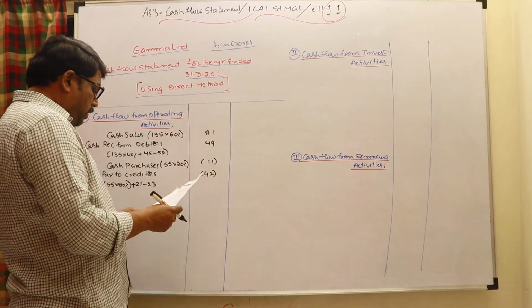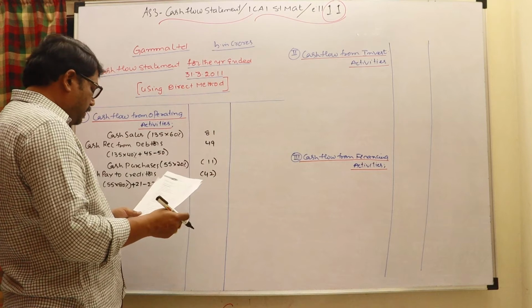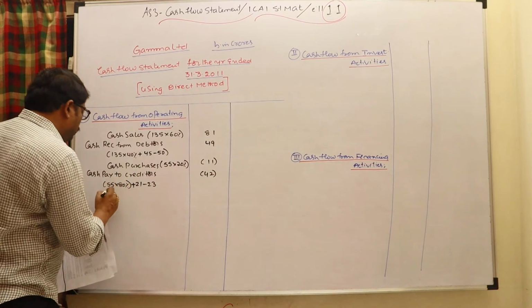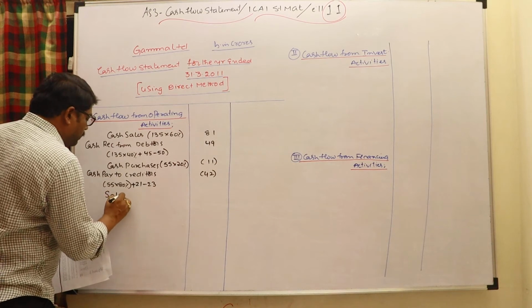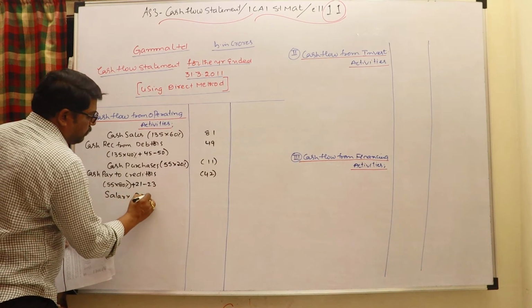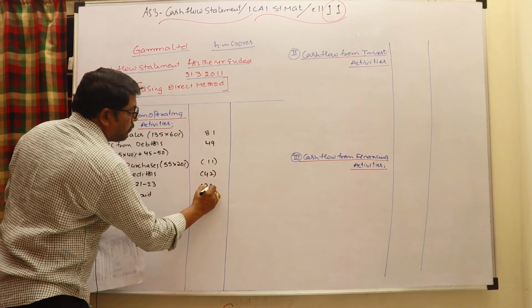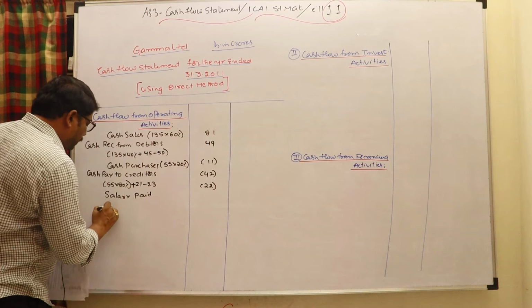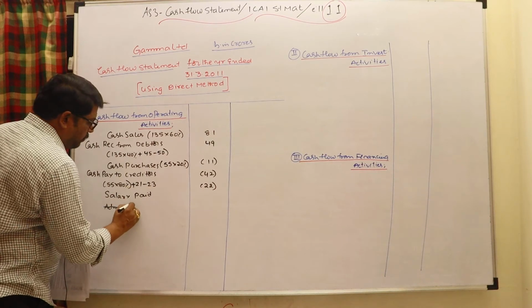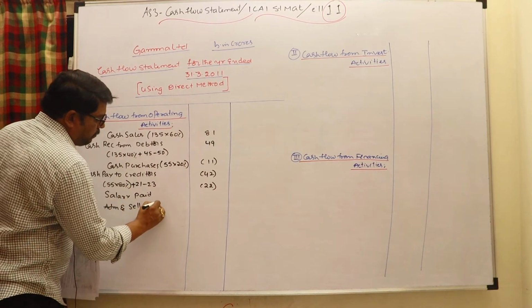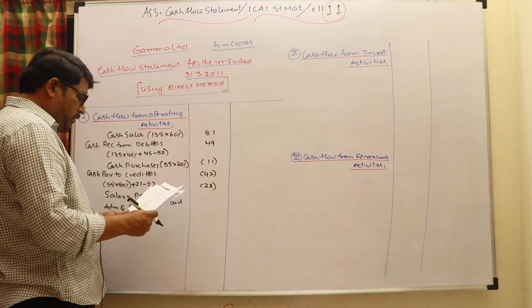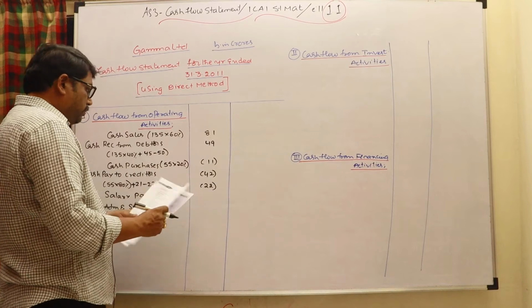Next, two expenses are given here as cash paid: salary paid 22 crores, and administration and selling expenses paid 18 crores. Both of these are operating expenses.